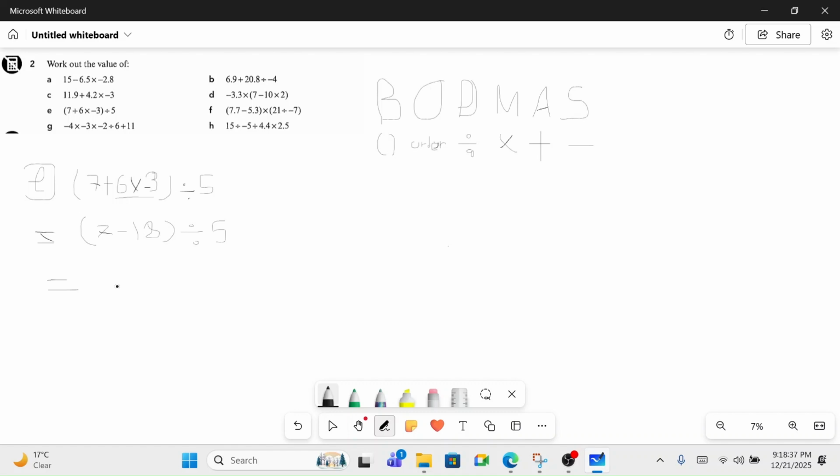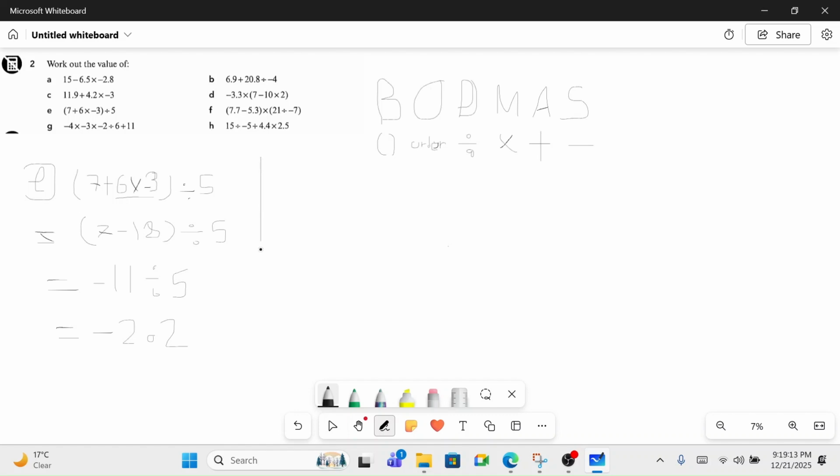So 7 minus 18 is equal to minus 11. That minus 11 divided by 5. So minus 11 divided by 5 should give us an answer of minus 2.2. There we go.